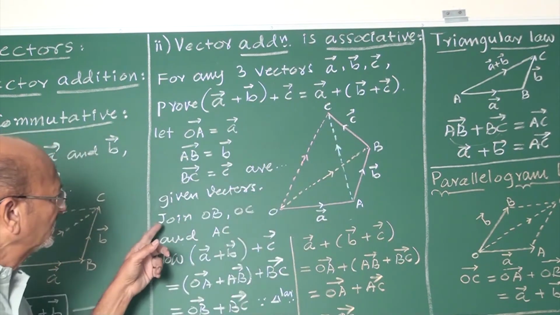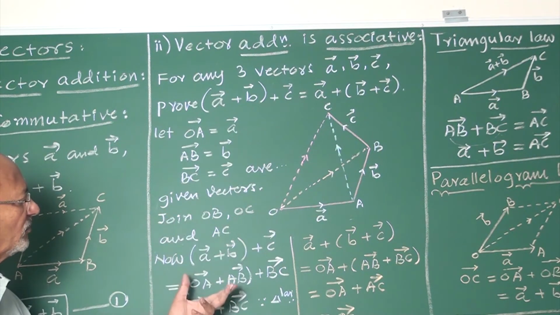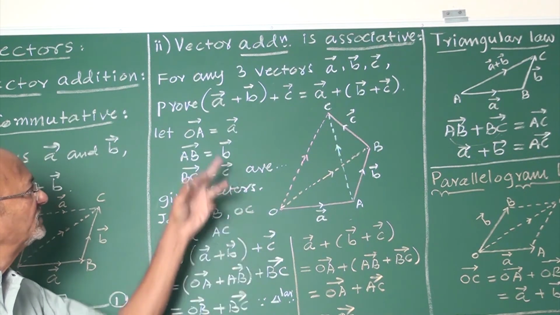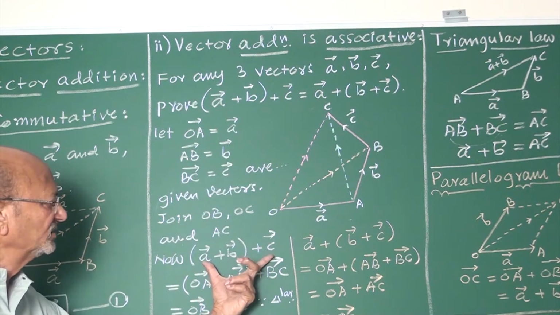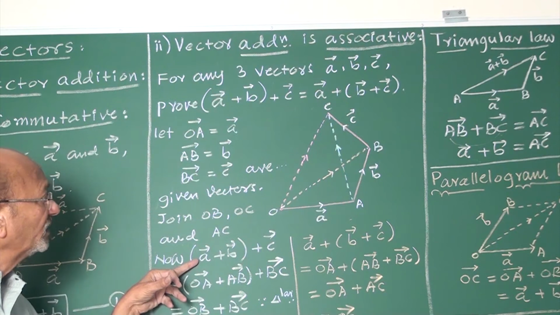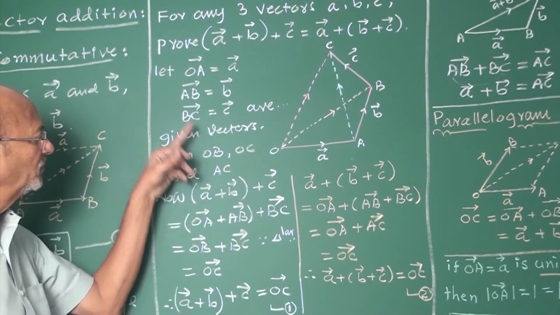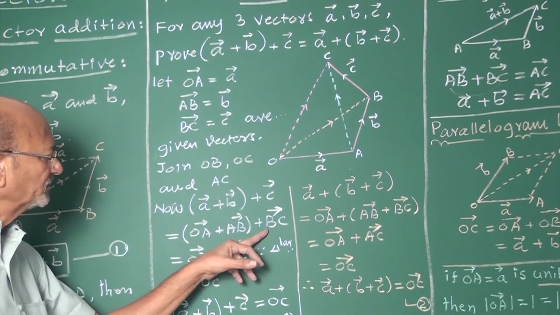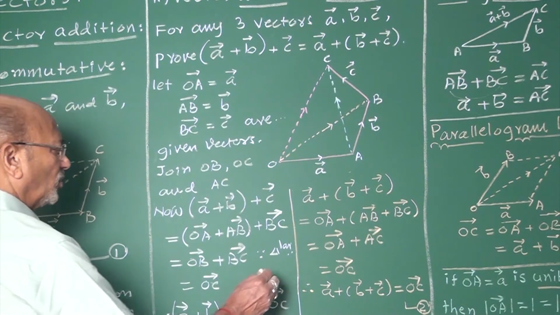I have written: join OB, OC and AC. I have taken them one by one. It is the LHS. What is the LHS? A plus B plus C. This is the LHS. Substitute the values. A is OA, B is AB, plus C is BC.